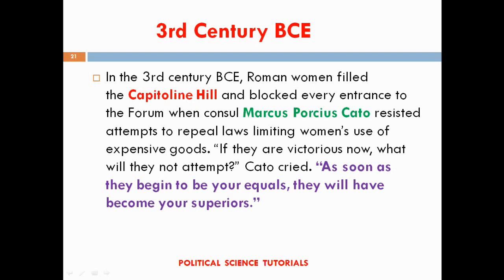Still, Roman women organized themselves and blocked the Capitoline Hill to protest against these laws. Cato, the administrator, got scared because in his view, as soon as they begin to be your equals, they will have become your superiors. It means the system or authority should deny the equal status of women.